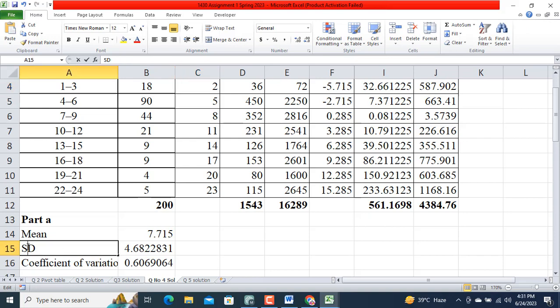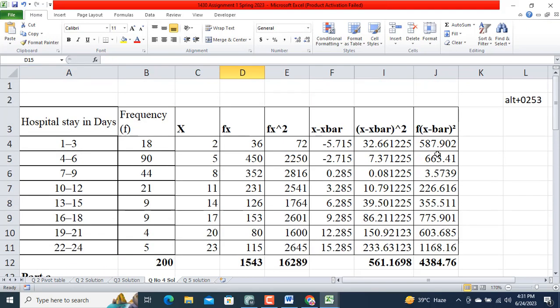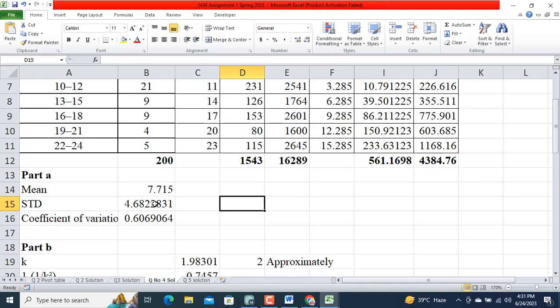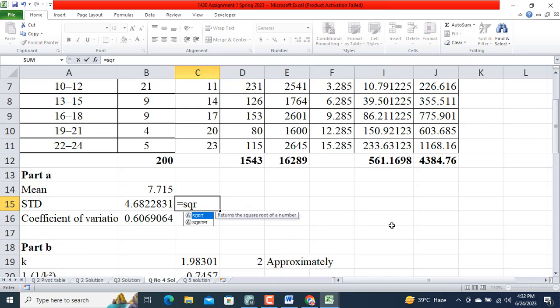Standard deviation, you can also write it as STD. Standard deviation is obtained by this formula. I am going to use this formula: take the square root of this column J divided by 12. Another one may be like this, square root.